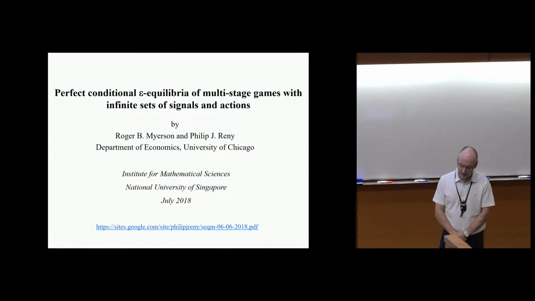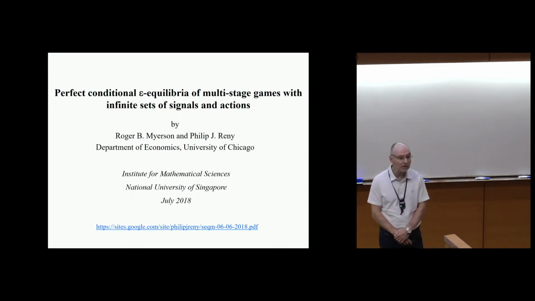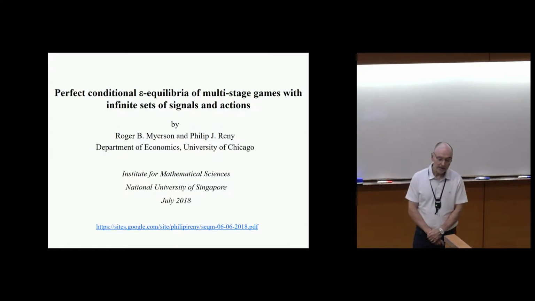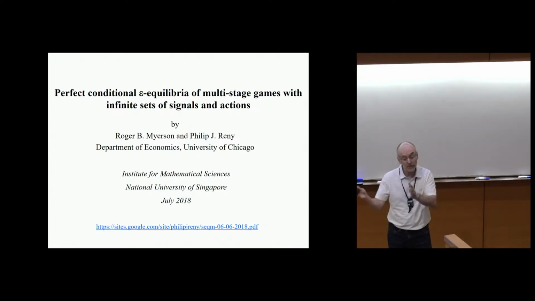So we should probably start by reminding ourselves: what is a sequential equilibrium in a finite game? It's a pair. It's a behavioral strategy profile, so a behavioral strategy for each player in the game, and a system of beliefs. That pair has to satisfy two properties. It has to be sequentially rational and consistent. So what does it mean to be sequentially rational?